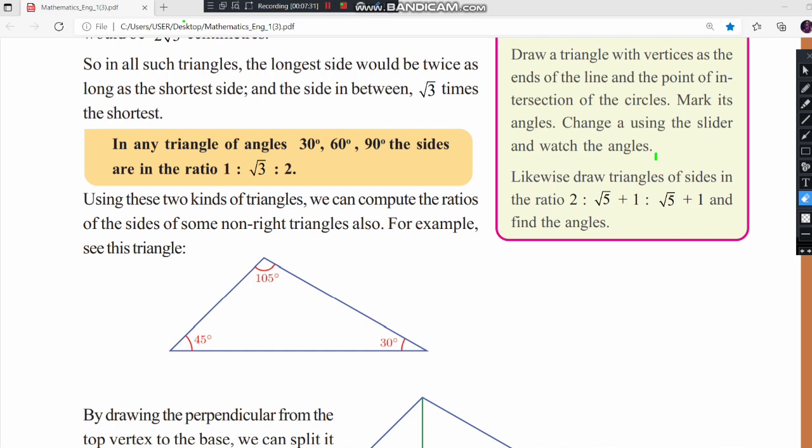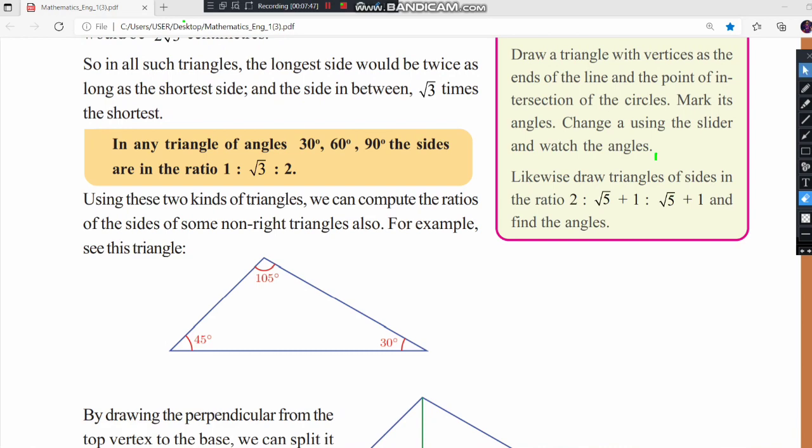This is our second result. We already know this result from 9th standard, right? In any triangle with angles 30, 60, 90, the sides are in the ratio 1 is to root 3 is to 2.